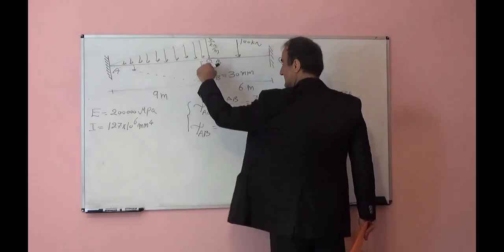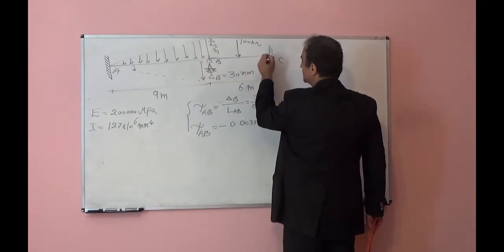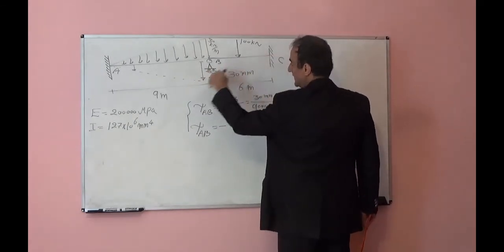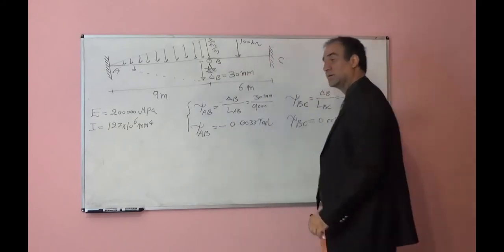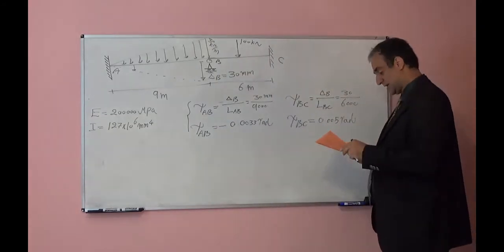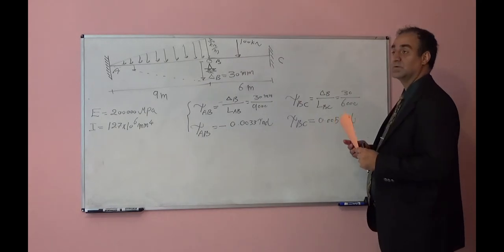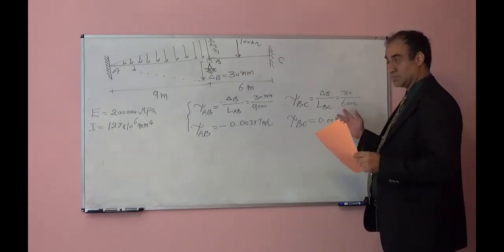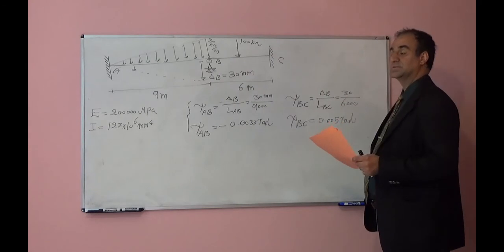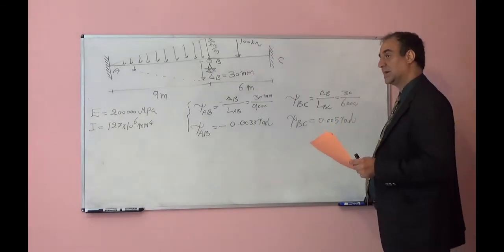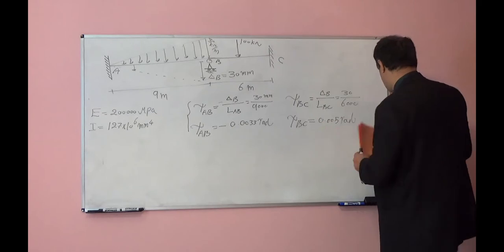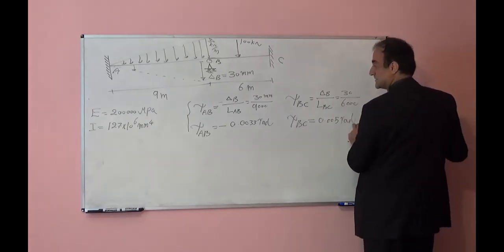Because if we have settlement here, this member rotates counterclockwise, so it is positive. Now we know all this information. Let's find the fixed end moments and then plug into the slope deflection equations.